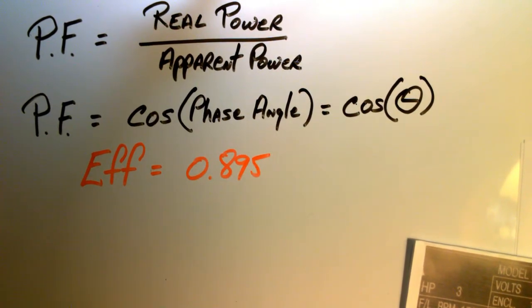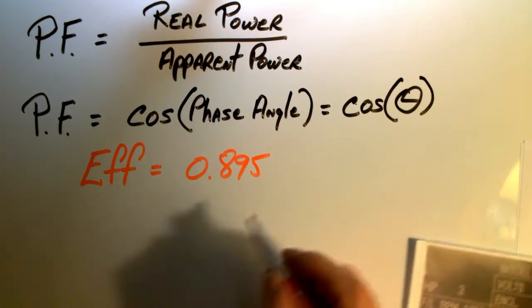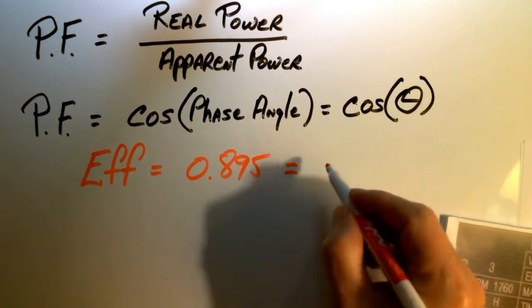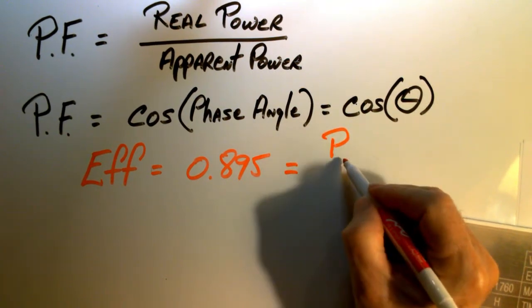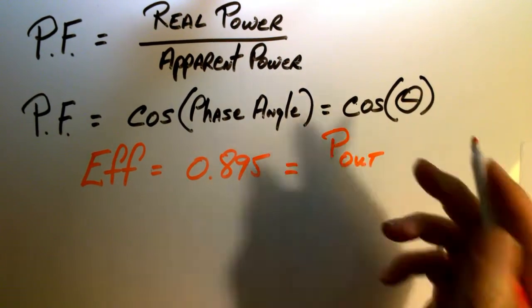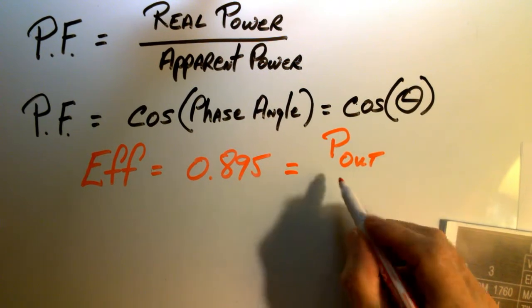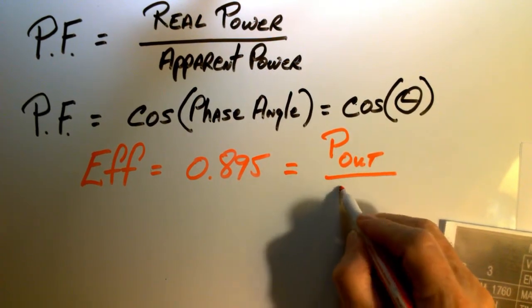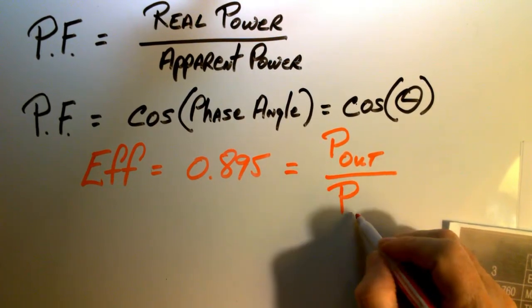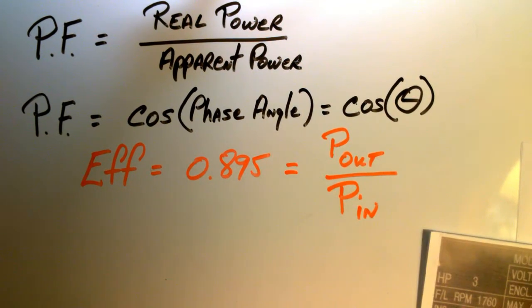That's 89.5%, right? And we know that this is equal to power out, the power that we get out of the motor, divided by the power coming in electrically.